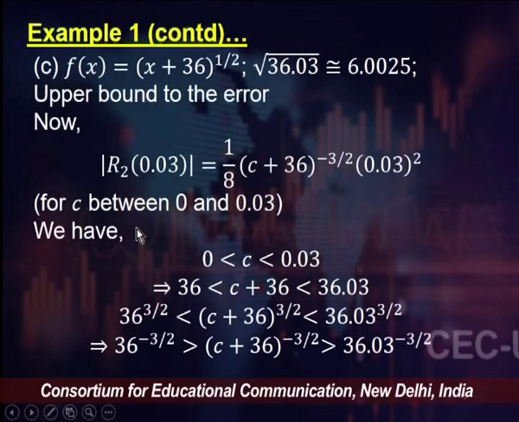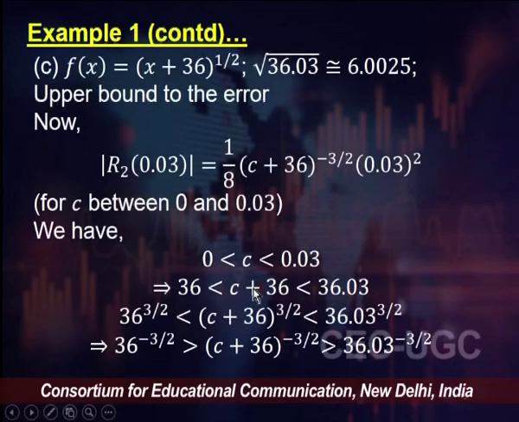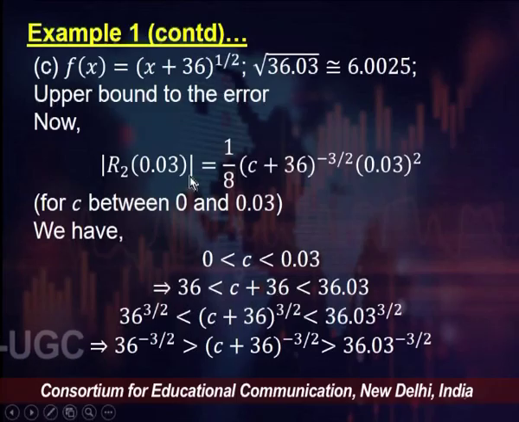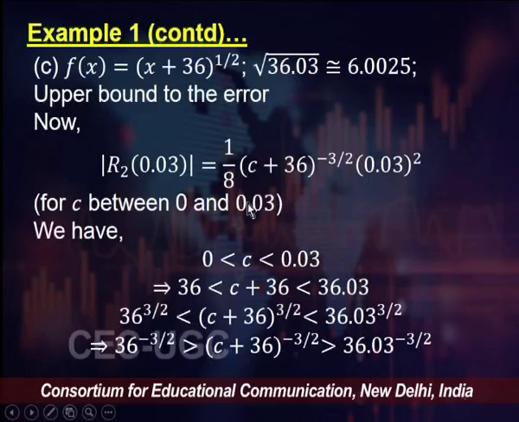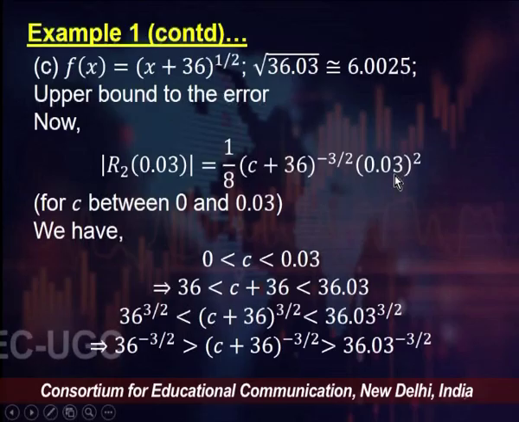Now, how do we find the upper bound to the error, the upper limit to the error? We know that c lies between 0 and 0.03, okay. So, this is to say that c plus 36, why am I doing this? Because see, the absolute value of the error is 1 by 8 c plus 36 to the power minus 3 by 2 times 0.03 square. Now, 0.03 square is a given number I can calculate, and 1 by 8 is also fixed.